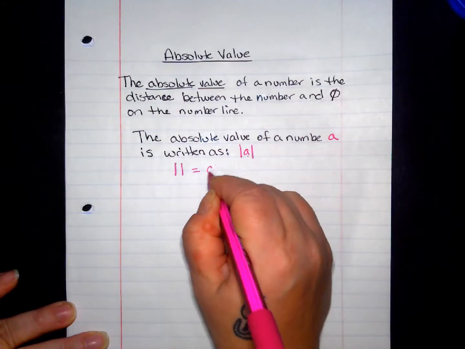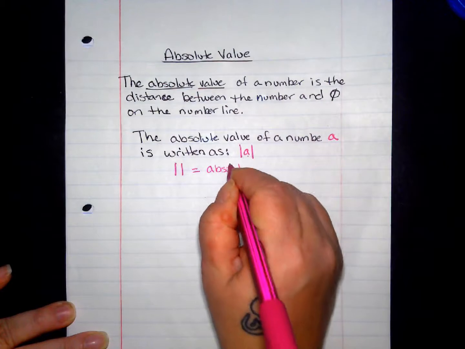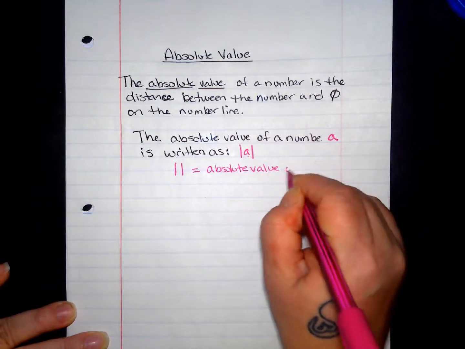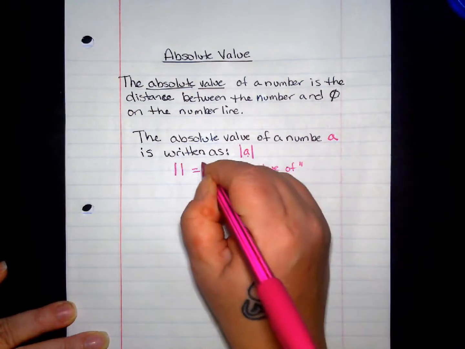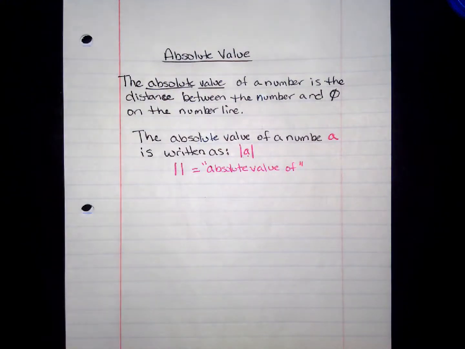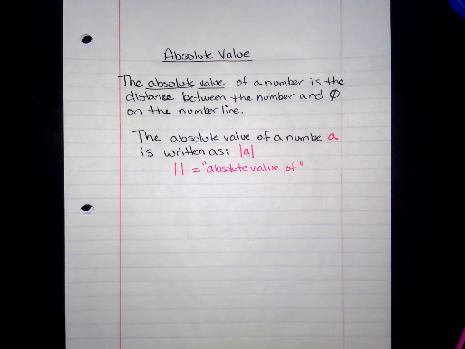So when we see the 2 bars on either side of a number, you say the absolute value of A, or if there was a 4 in between those 2 bars, the absolute value of 4. Okay, so that's the mathematical symbol for absolute value.